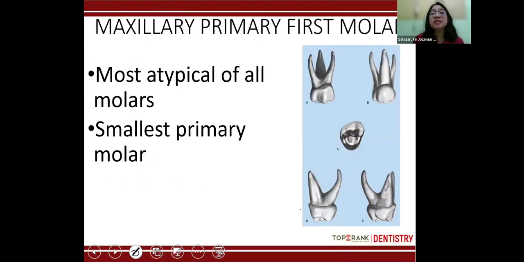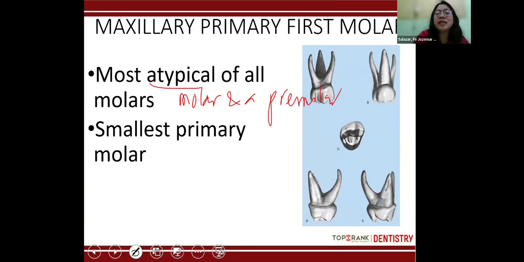Now, let's discuss your molars kasi sila yung iba talaga dun sa kanilang counterpart because they are replaced by your premolars. They do not look like them. So the maxillary primary first molar is the most atypical. Why most atypical? Okay, because it looks like a cross between a molar and a premolar.